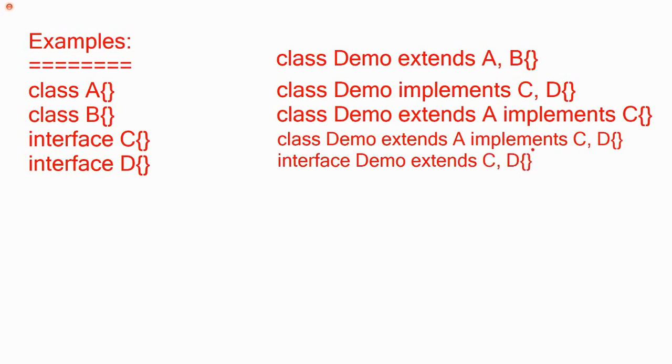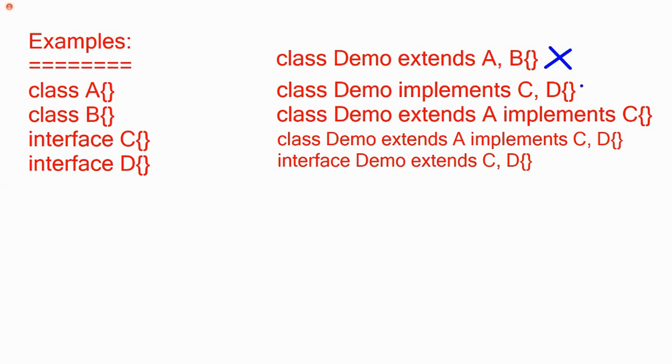Say here, A means class, B means class, C means interface, D means interface. Here, Demo class extends A class, B class. Two classes cannot be inherited in another class because Java doesn't support multiple inheritance with classes. But C is an interface, D is an interface. Two interfaces can be inherited in a class.